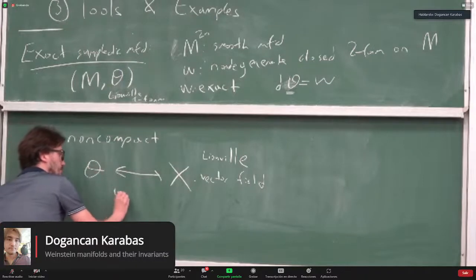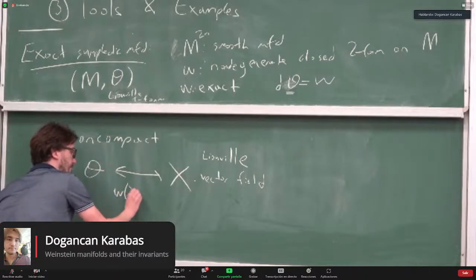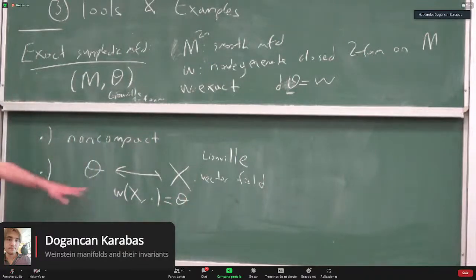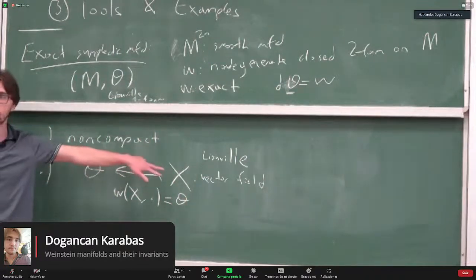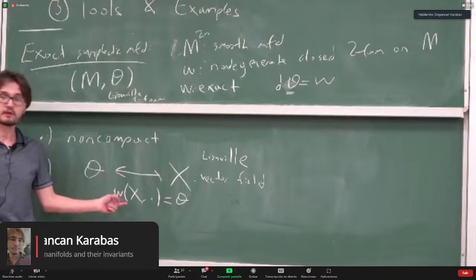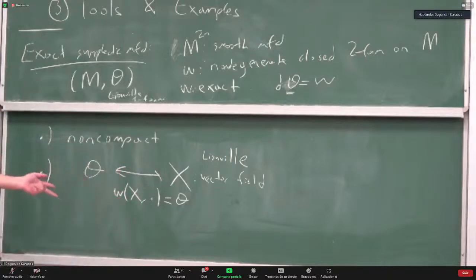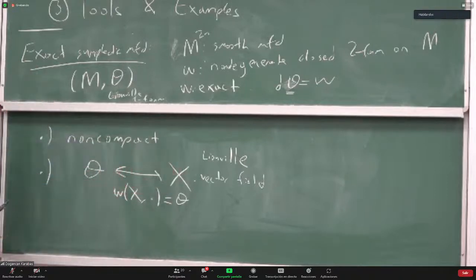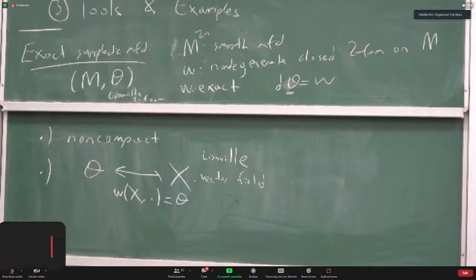And there's this equation, omega(X, ·) is theta. With this equation, from theta I can get X, or from X I can get theta, because omega is non-degenerate, so there's a unique solution. We will mostly work with X instead. You can just draw X, and that will give you this exact structure, assuming it satisfies the conditions.